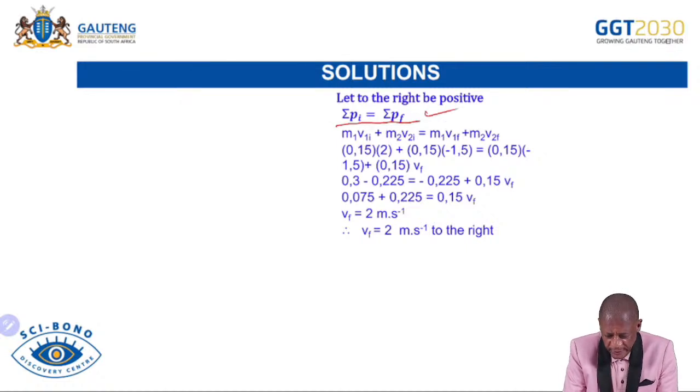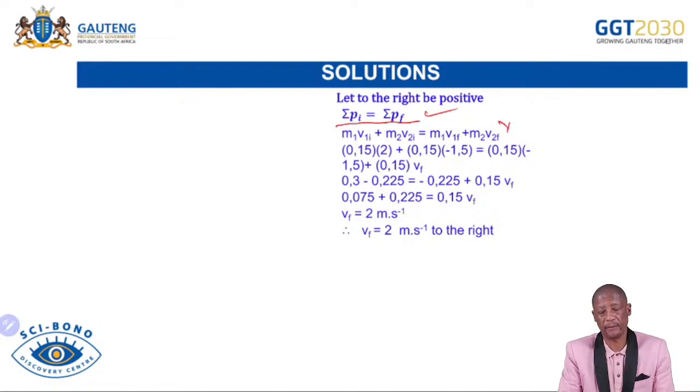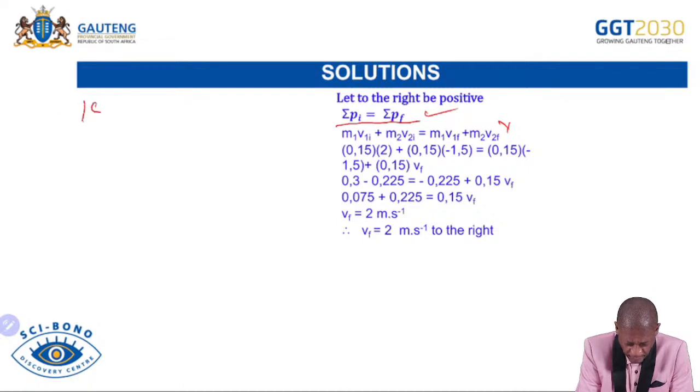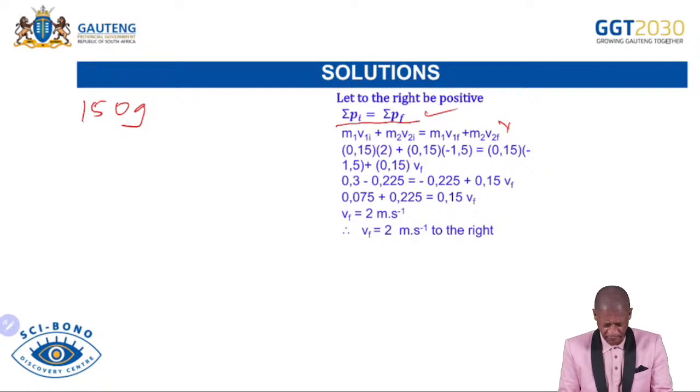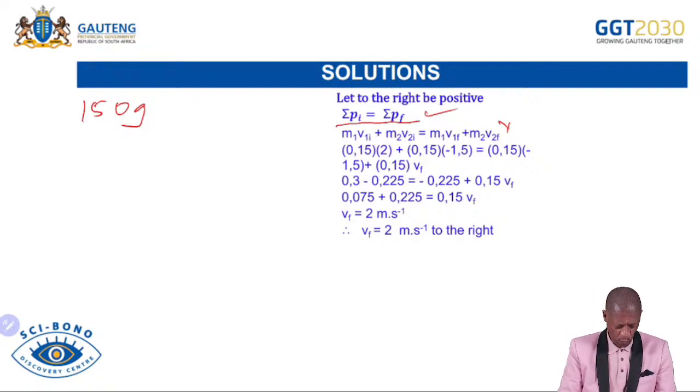Then you convert this into mathematical form and substitute. Remember, we are going to convert our mass. Our mass given was 150 grams, and if we convert 150 grams, we say 150 divided by 1,000.